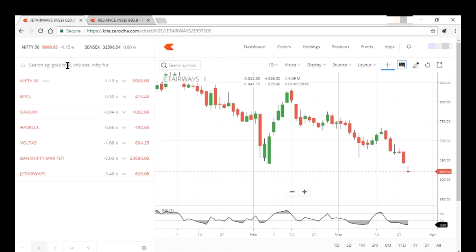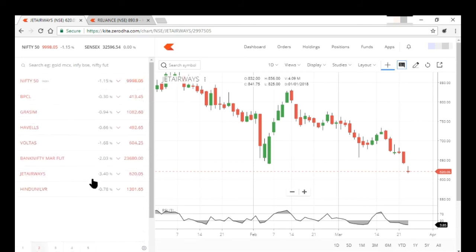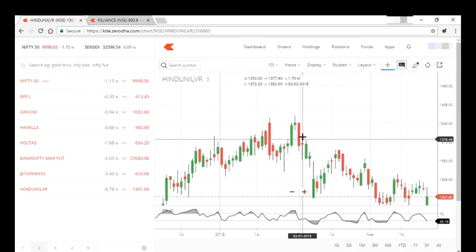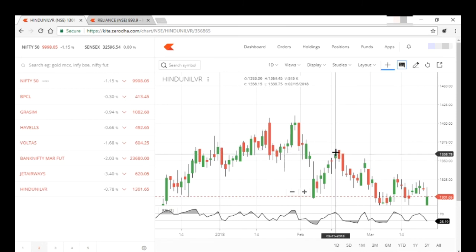Let's look at some other stocks. Okay, let's look at Hindustan Unilever. See right here what happened. The first signal was generated here, it gapped up and failed to sustain those levels. See the next 2 to 3 days, all the candles are red.